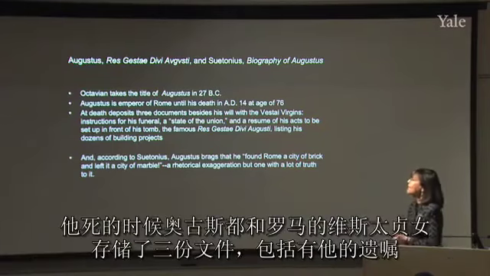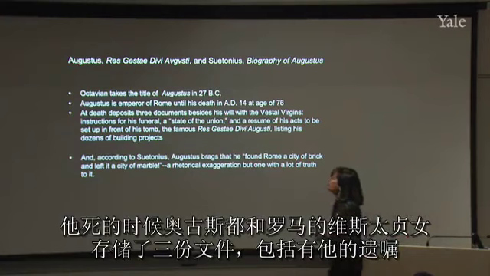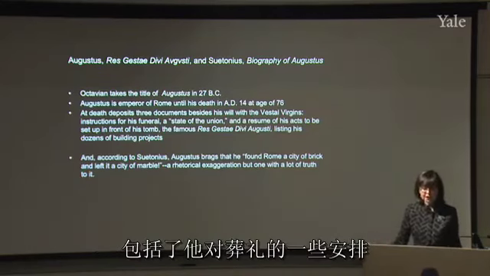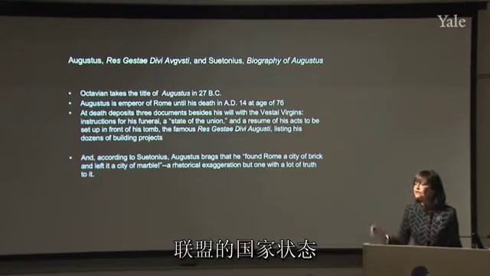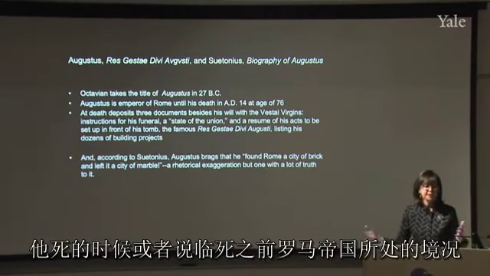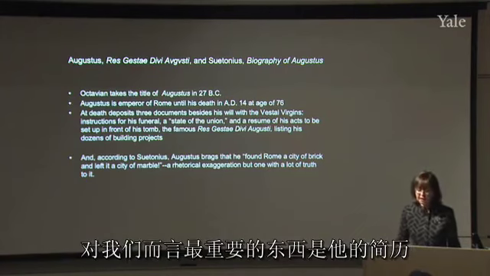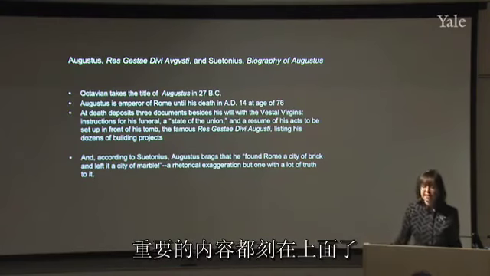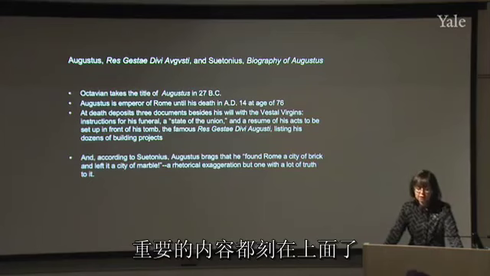Now, at his death, Augustus deposited 3 documents besides his will with the Vestal Virgins in Rome, and these included instructions for his funeral, a kind of State of the Union address, what was the situation in Rome and in the empire at the time of his death, and then most importantly for us, a resume of all of his accomplishments during his lifetime, which were meant to be carved on 2 bronze plaques that were to be set up in front of his tomb in Rome.